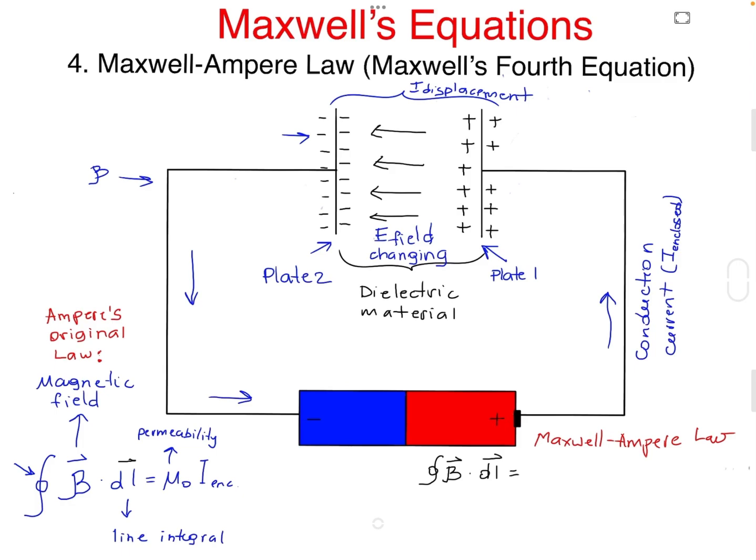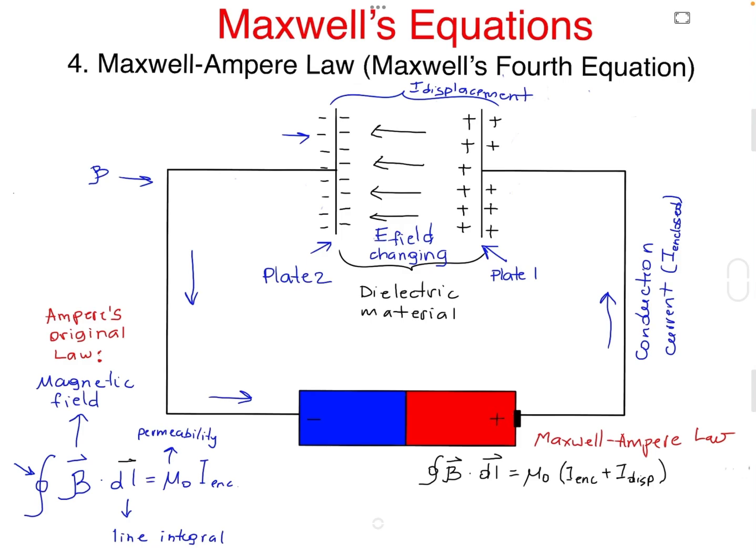And so now we still have the permeability, and it's the sum of the conduction and the displacement current. So I enclosed plus I displacement. So it's the sum of conduction current and then displacement current.